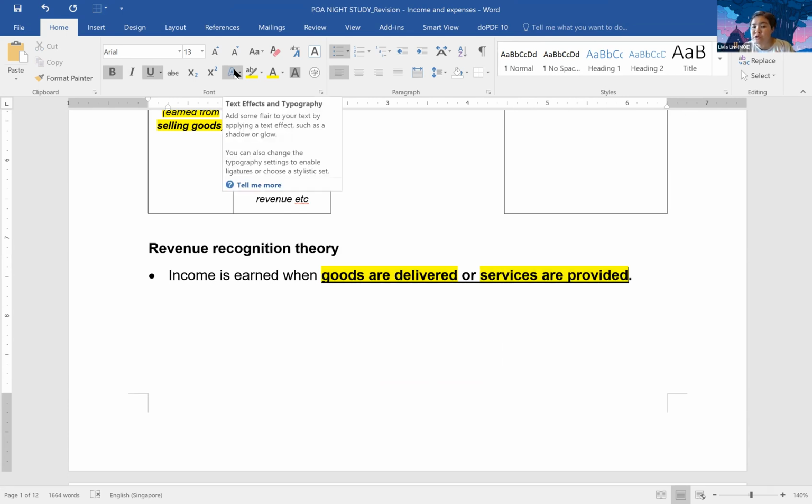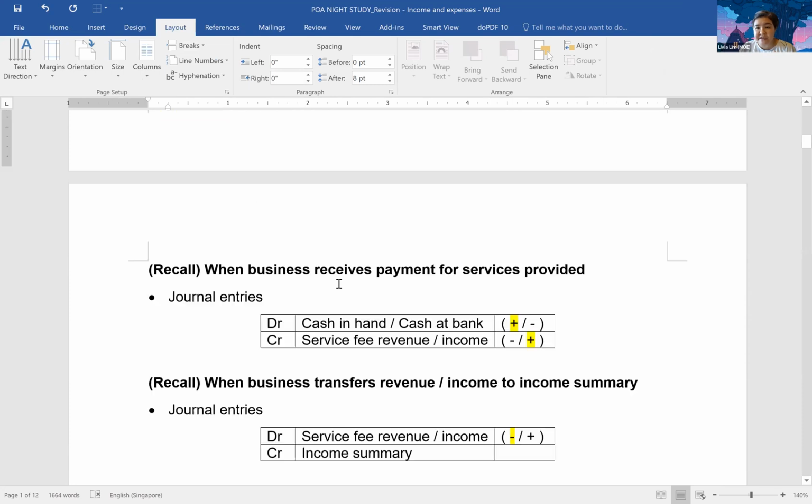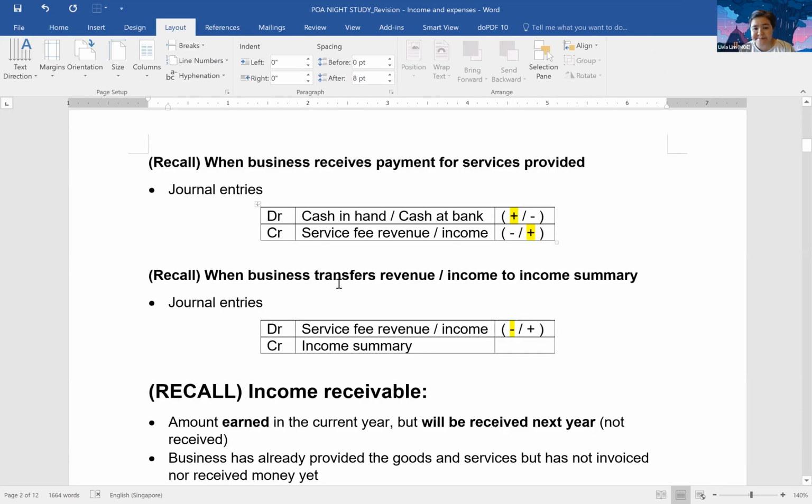If you don't deliver the goods or if you don't provide the service, you cannot say that you have earned that income. Remember, if you haven't provided the services, you cannot say that you have earned the income according to the revenue recognition theory. So let's remember it in our brain so that when we look at the other revision items, we can remember. All right. So let's just put it in your brain first, okay?